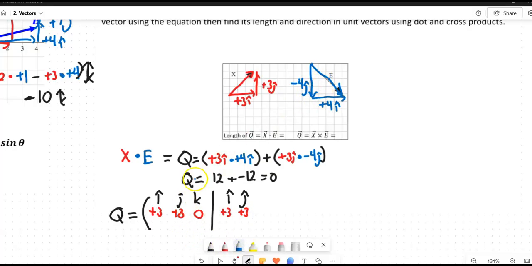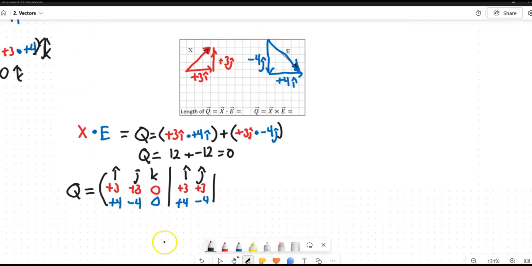For E, what we're going to do is take positive 4i and negative 4j. Not all of these work out as clean as this is going to work out, but okay. So we could do our matrix algebra in a second.